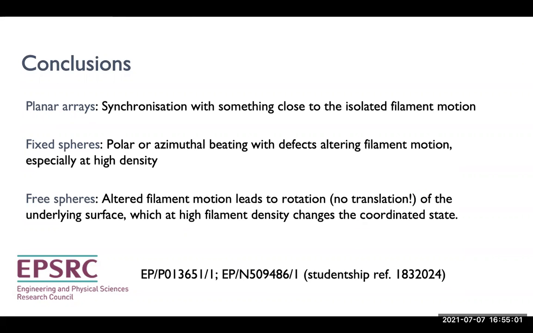It's especially important at high densities, where this alteration occurs throughout the surface of the sphere. When you let the sphere go, altered filament motion leads to an underlying rotation of the spherical surface, which feeds back and changes the coordinated state of your filaments.